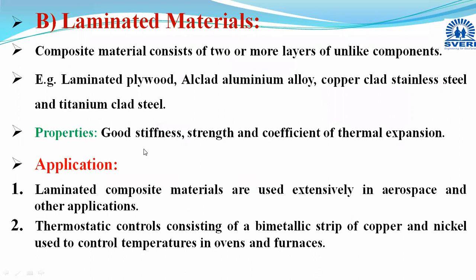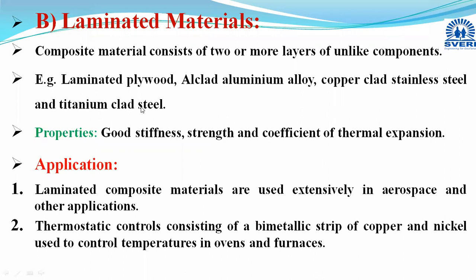Examples of laminated composite materials are laminated plywoods, then aluminium alloys, then copper clad stainless steels, titanium clad stainless steels. Alternate layers of these two materials will be there. In copper clad stainless steel, the copper layers and steel layers are present in the form of layers.